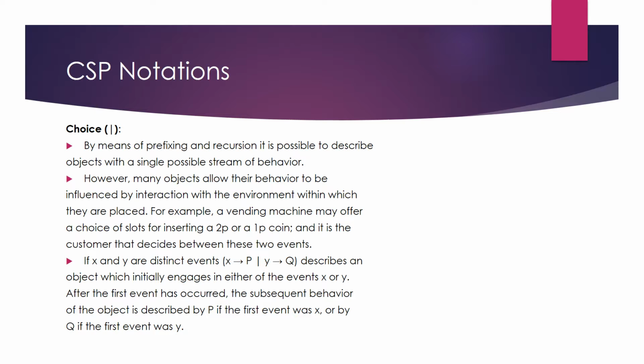So x then P, y then Q, because P and Q are the processes and x and y are the events. So we separate them like this. It describes an object which initially engages in either of the events x or y. After the first event has occurred, the subsequent behavior of the object is described by P, or by Q if the first event is y. This is the choice we are discussing.